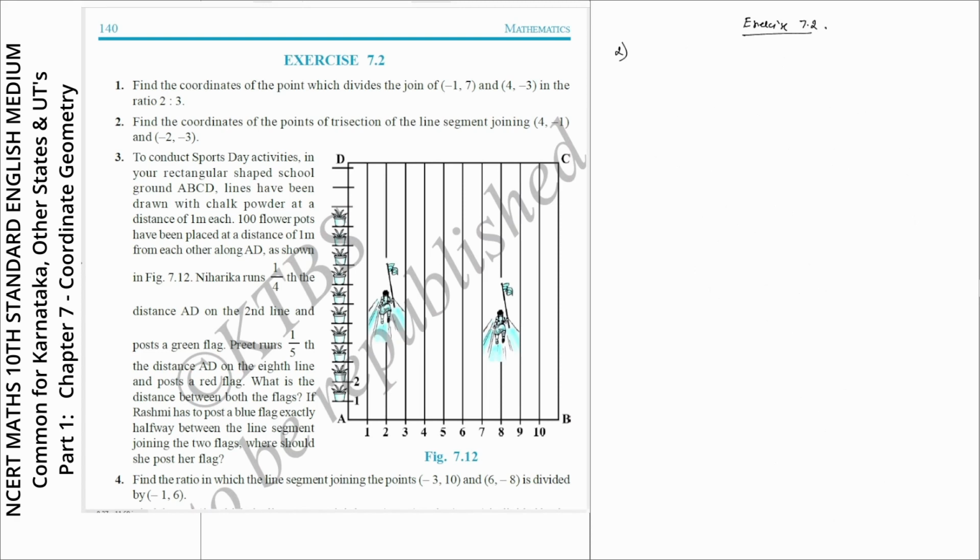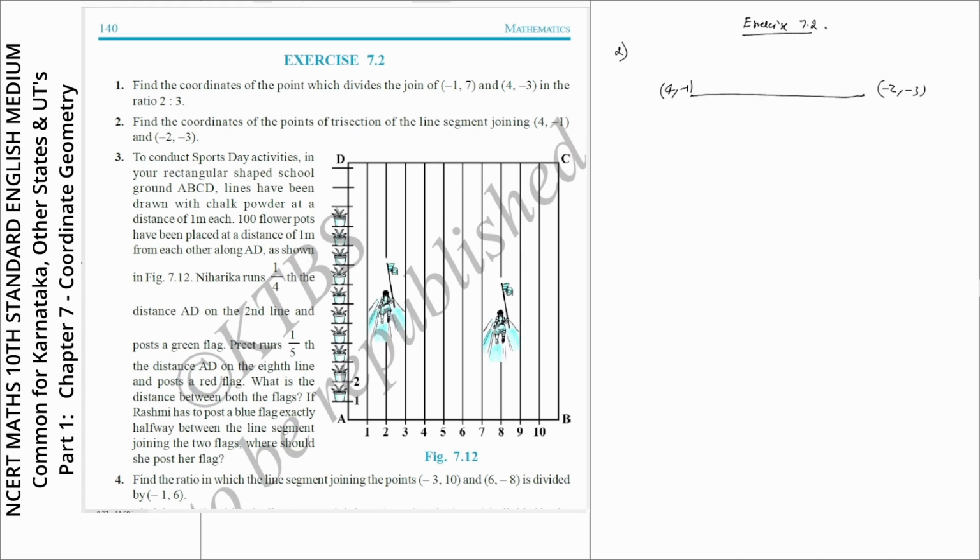Find the coordinates of the points of trisection of the line segment joining 4, minus 1 and minus 2, 3. So there are 2 points, 4, minus 1 and another point minus 2, 3.